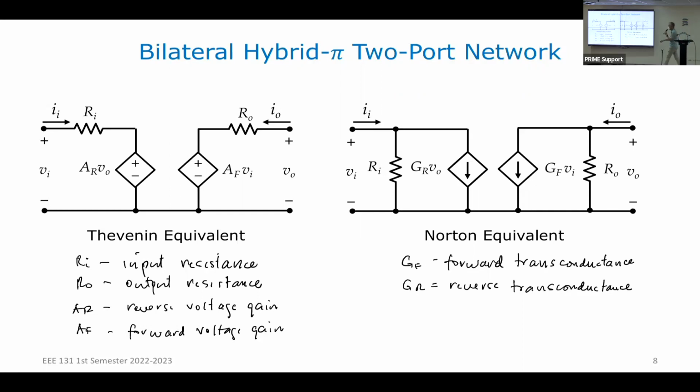Pag tinignan natin itong left, our output condition, that's VO and IO, has an effect on the input, because this voltage controlled voltage source is a function of your output. So your output affects your input. On the other hand, your input affects your output, because this voltage controlled voltage source depends on your input. So we call it bilateral.